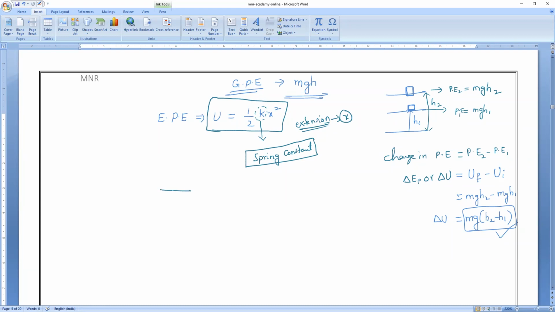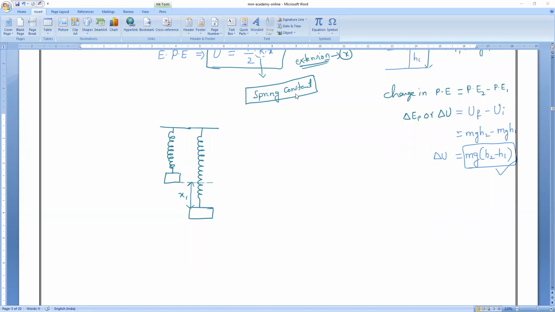Now, if the spring is present, initially unstretched, and now because of weight it has been elongated till here, let me consider this as x1 distance. This is Hooke's law.